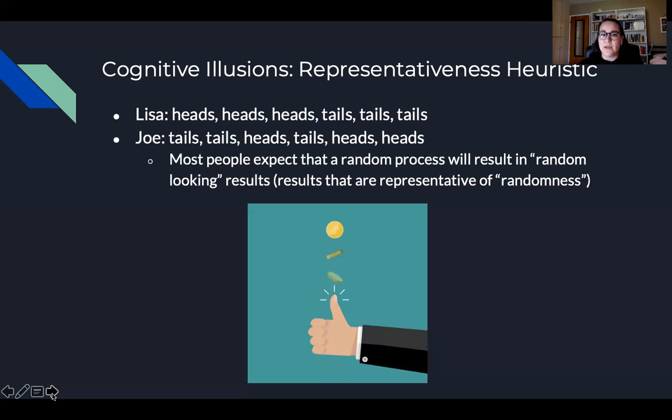They're expecting, well, if there's randomness functioning to generate these results, then the results should represent that random operation. And so people who are making judgments in this way are using this heuristic, this mental shortcut of representativeness.